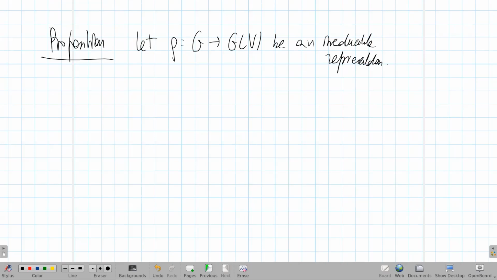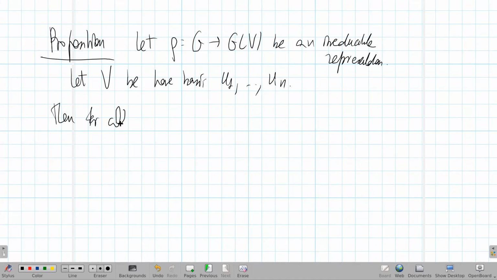Okay, and let V be the space of row vectors with basis U1, ..., UN. So this time I have just one basis, and I use the same notation with rho, J, and so on. Then for all indices, this time they run from 1 to n, because there's only one thing.